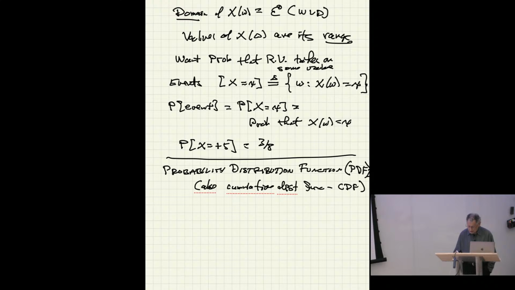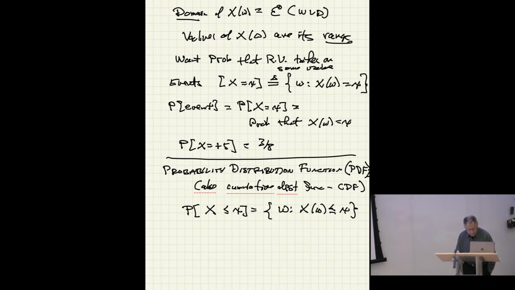Now, what this thing is in meaning, it's the probability that x, the random variable, is less than or equal to some number, little x. What is that? It's a set of points such that x of the sample point is less than or equal to little x. All the x's associated with those are less than or equal to number x.